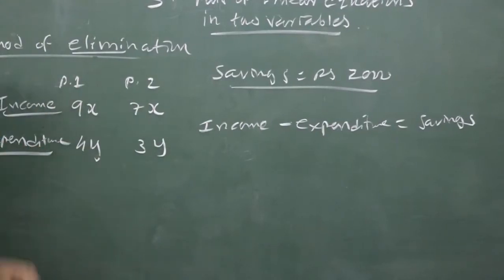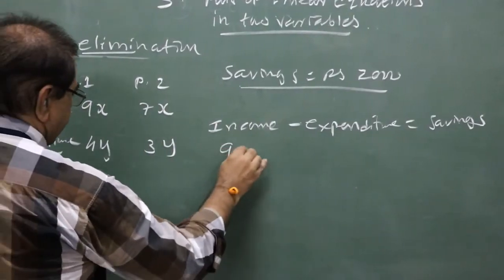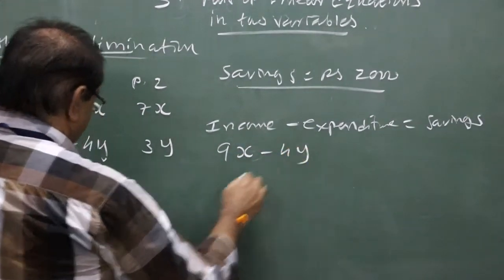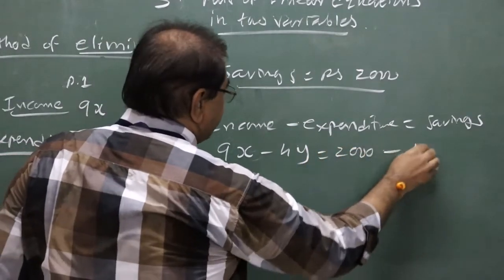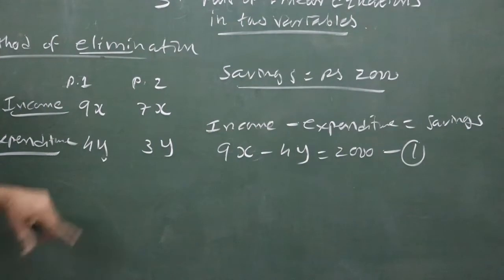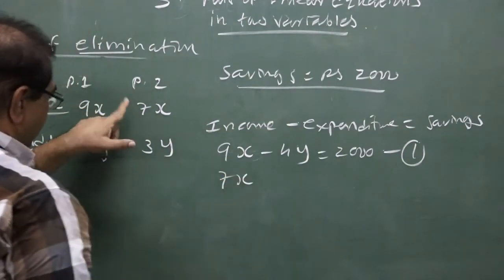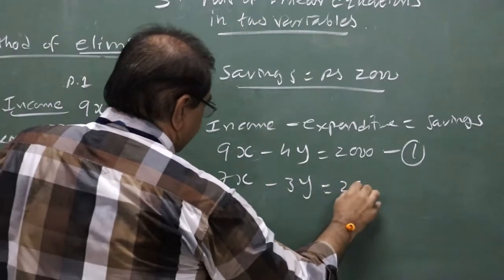So I go for both the persons. For person 1, what is the income? 9x. What is the expenditure? 4y. It is equal to saving, which is 2000. It is equation number 1. For the second person, what is the income? 7x. What is the expenditure? 3y. And saving is the same.